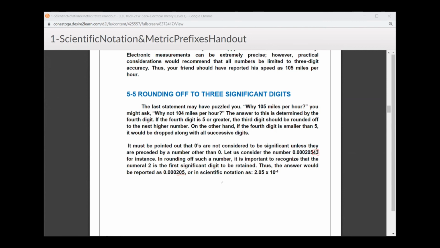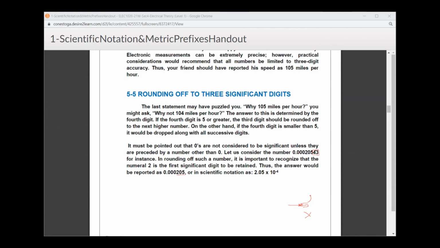And now you may wonder, does that mean that what you were learning at school, anything which is below 5 gets chopped off, and anything which is above 5 goes to the next digit? That's exactly what we are going to be doing here.